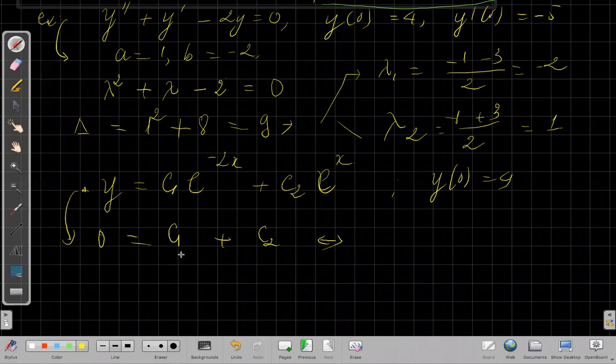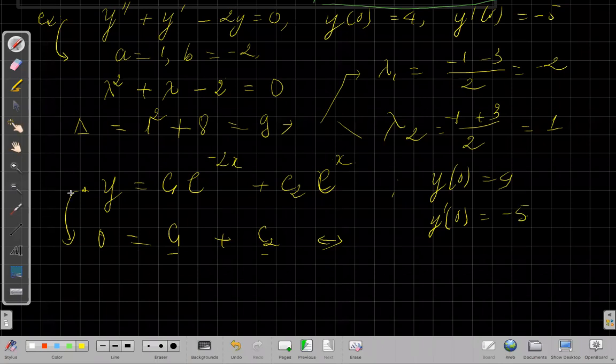However, we have two variables but only one equation. It's impossible to find the specific values of c1 and c2, so we need one more equation by using the initial condition y prime of 0 equal to minus 5.